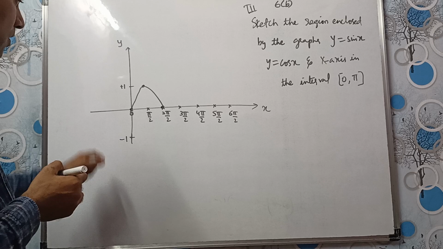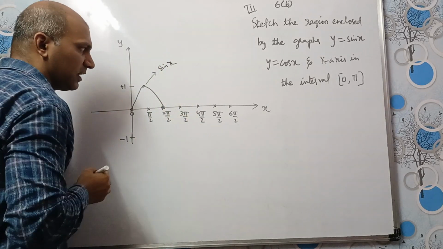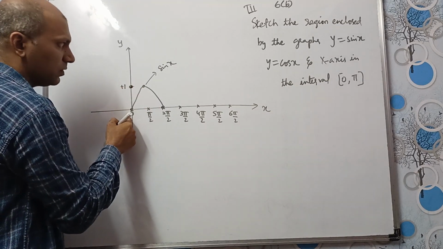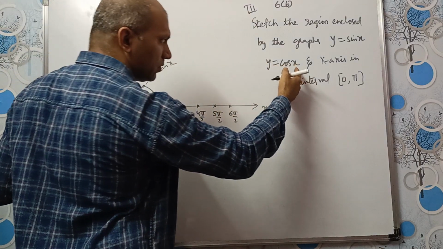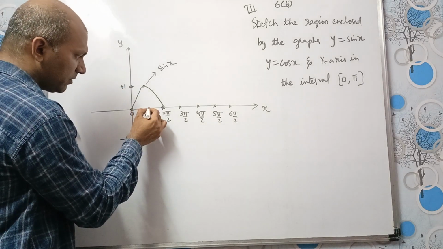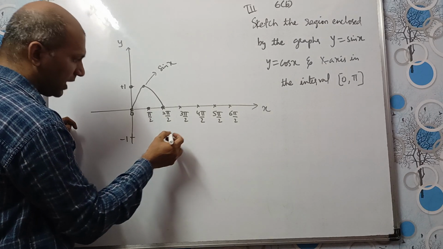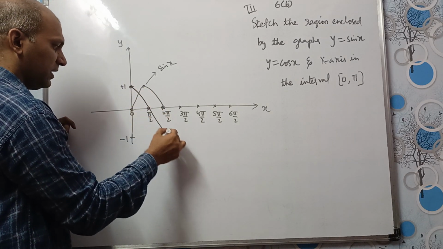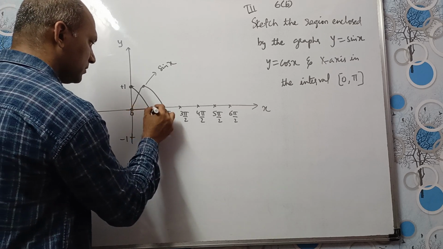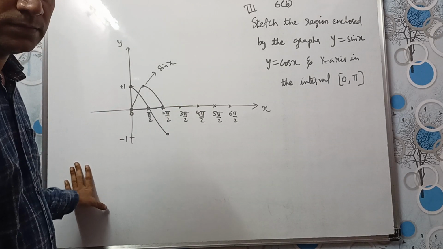This is a sine graph. What about the cos graph now? The cos graph will start from here, right? If you substitute x is equal to 0, cos 0 will be equal to 1. So it will start here. And at pi by 2 it will be 0. And at pi it will be minus 1. So the graph will be like this. Now this is the x-axis.